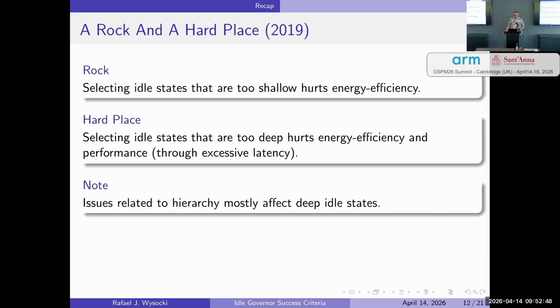If you select an idle state that is too deep, then it hurts energy efficiency and performance at the same time, because there is too much latency, and you would be better off using a shallower idle state. But the issues related to hierarchy mostly affected deep idle states. All right, that was in 2009.